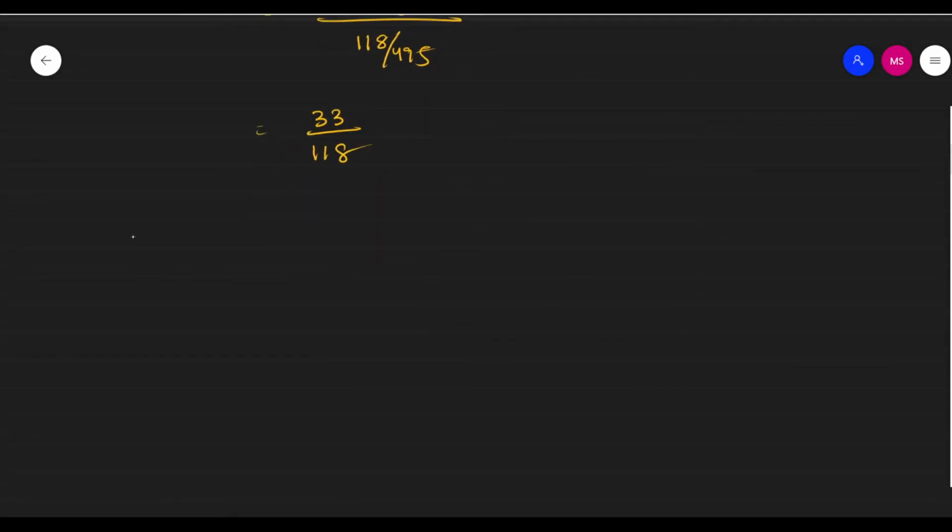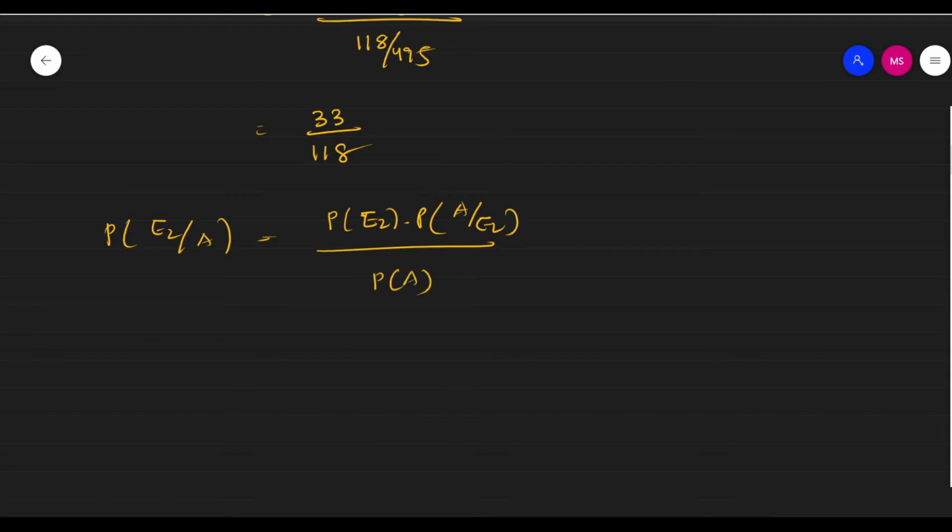Next, the second one, P of E2 given A, where the ball is taken from the second urn. P of E2 given A is P of E2 into P of A given E2 divided by P of A. P of E2 is 1 by 3, P of A given E2 is 1 by 3, and P of A is 118 by 495.